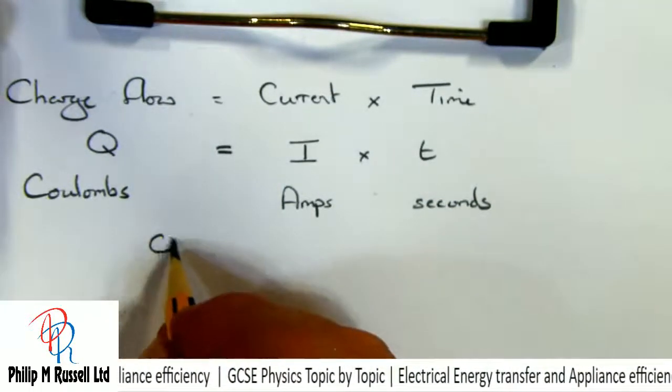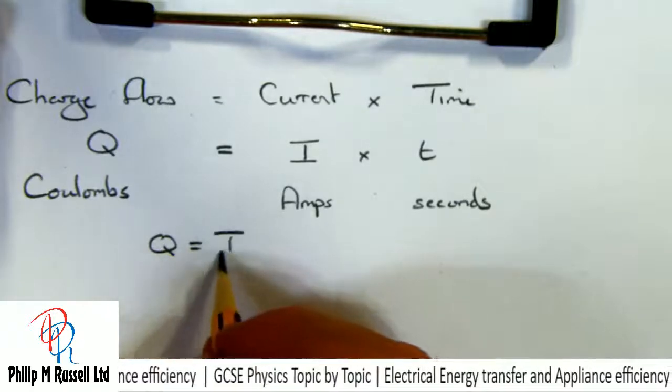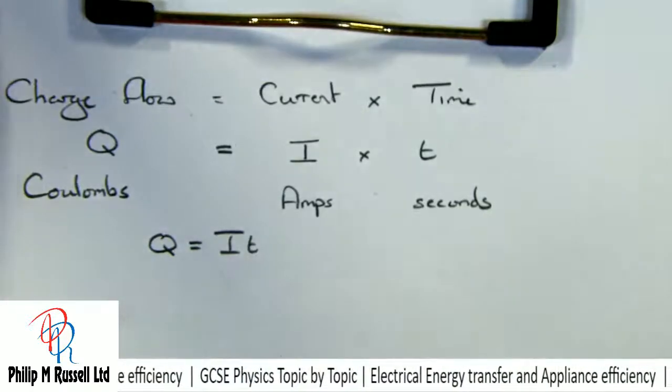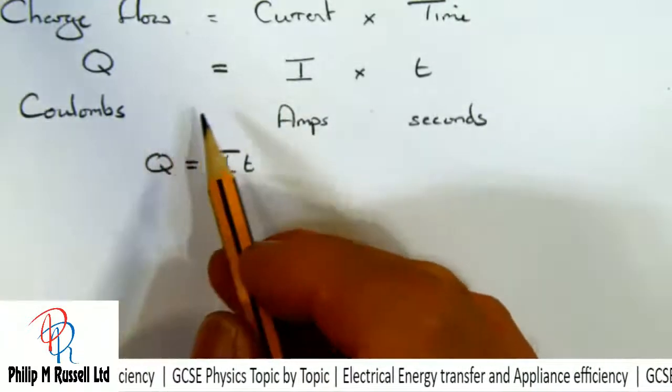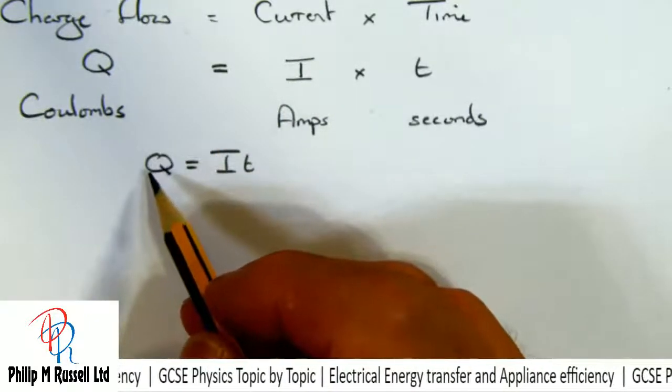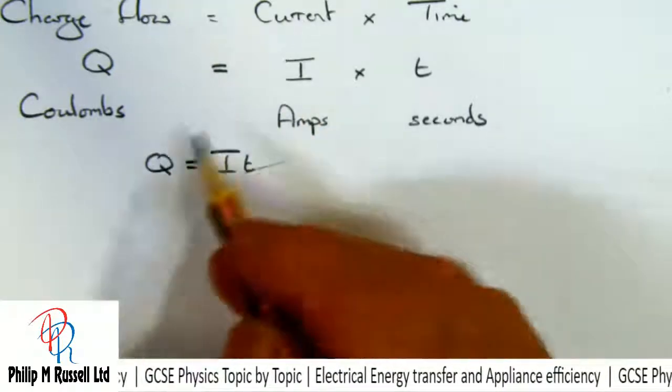So Q equals IT, and this is a way that we can measure the amount of charge that flows in a circuit.